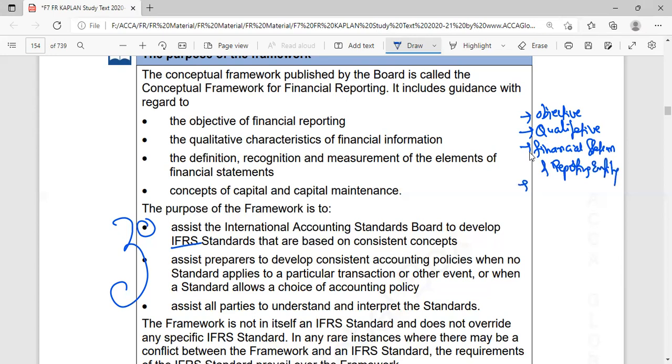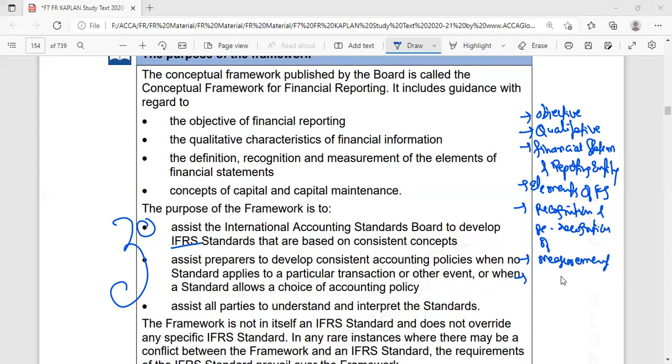The fourth is the elements of the financial statements, and recognition and derecognition of the transactions and events, measurement, and presentation and disclosure, and the last one is concepts of capital maintenance.